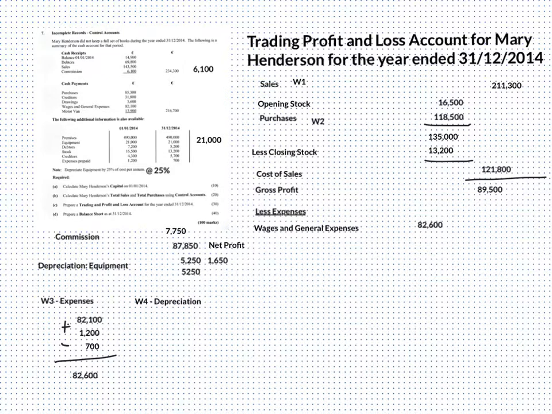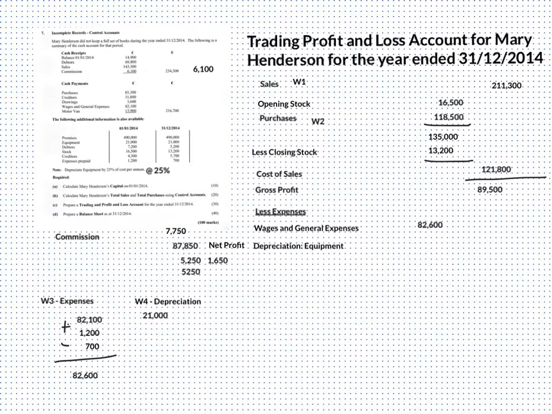So next expense then we have is depreciation of equipment. So just move the depreciation of equipment over here. We just need to do a quick working. So the value of the equipment at the end of the year is 21,000. It's actually the same at the start of the year as well, but we take the end of the year figure, 21,000. So we take that down. Then to find the amount of depreciation, depreciate equipment by 25% at cost. So the cost is 21,000.